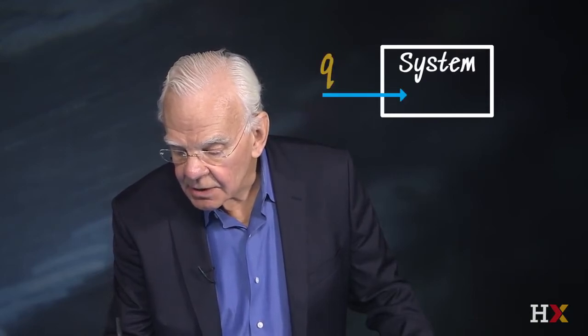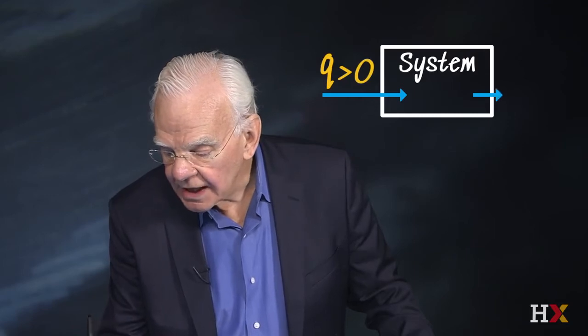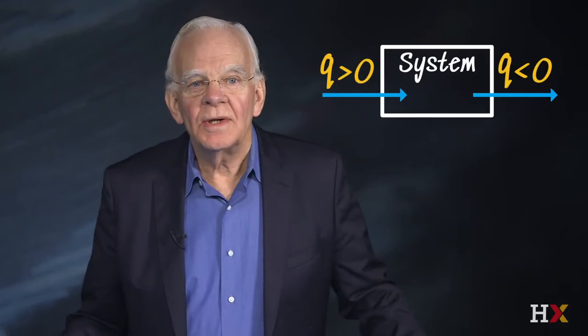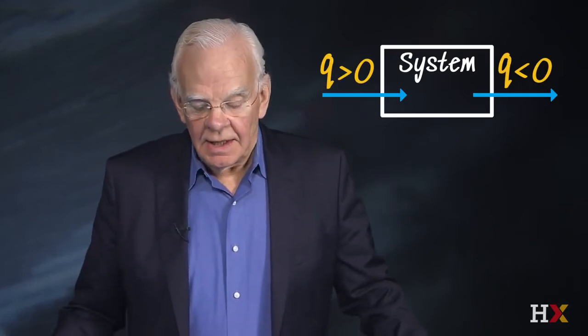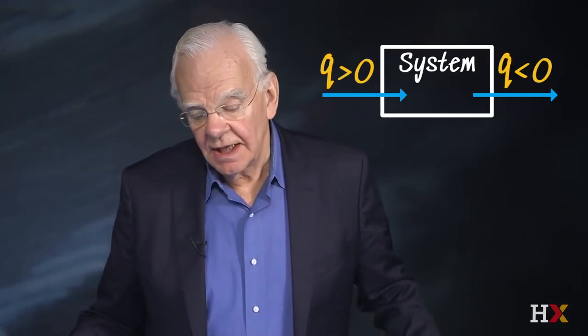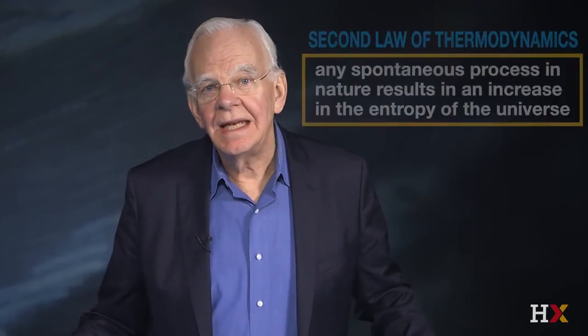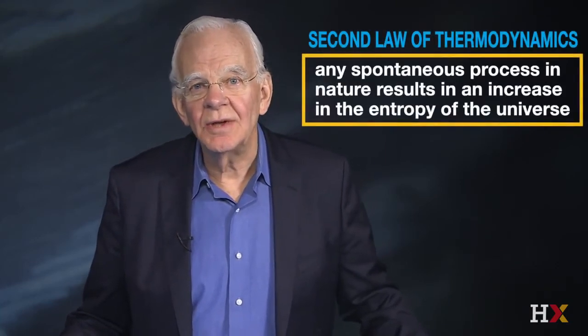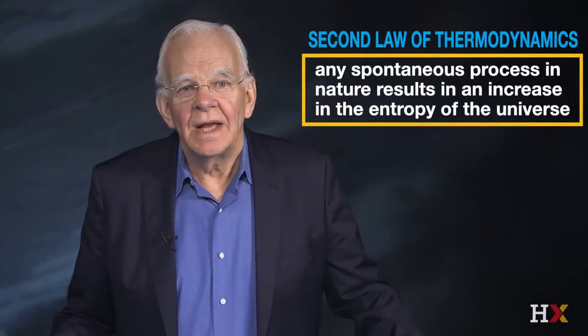Now remember our rule that when we look at the system, the heat going in is greater than zero, and the heat going out is less than zero. What we're concerned about here is stating the second law of thermodynamics, that is, any spontaneous process in nature results in an increase in the entropy of the universe.